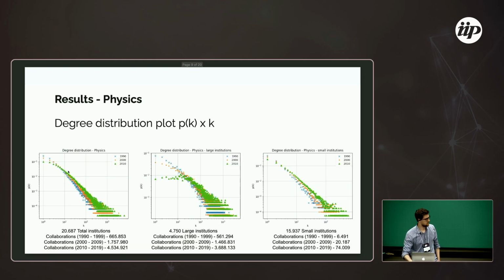Then we get these results. Comparing the degree distributions, we have a little difference between large institutions and small institutions. The small institutions have a degree distribution close to the curve of the total network.